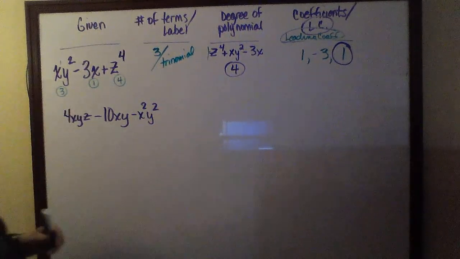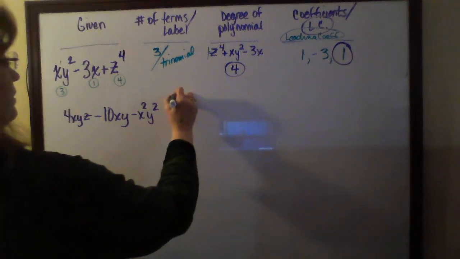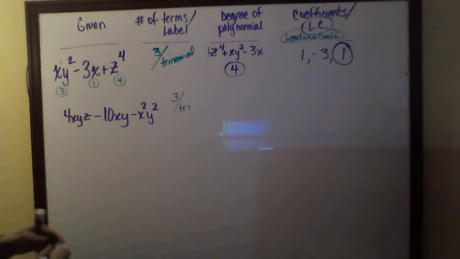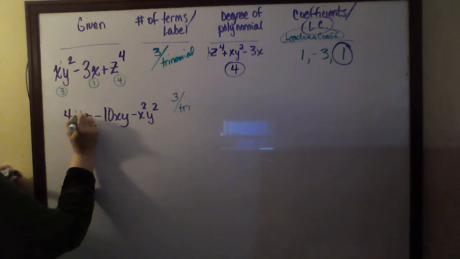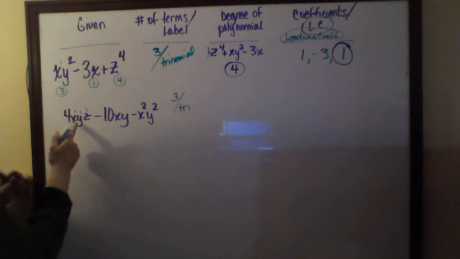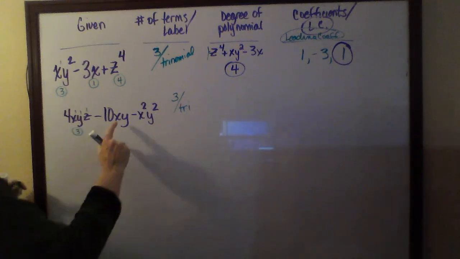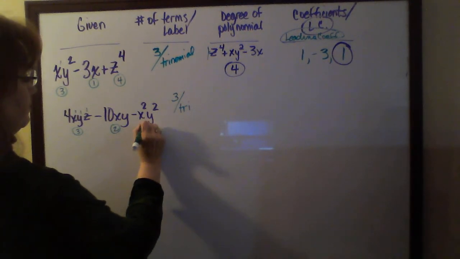We'll go with that. So again, I have a 3-term polynomial called a trinomial. Now let's do the degree on each of these. This is going to have degree 3 because the exponents have degree 1 on each of them. You add them together. This one is 1 plus 1. This one's 2 plus 2.